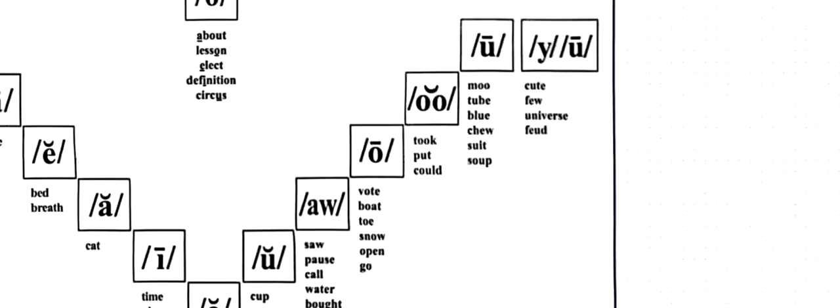This U, took, put, book. This is the sound. You can spell the sound with two O's, U, or OU. Those are the rules for spelling for this sound.